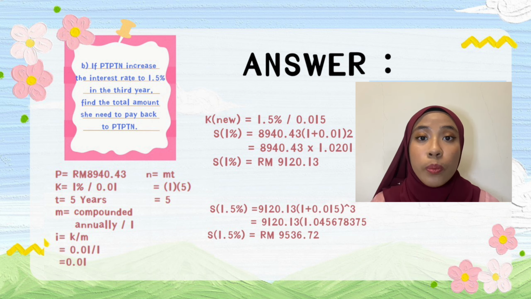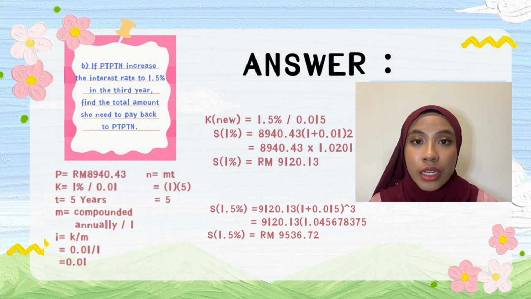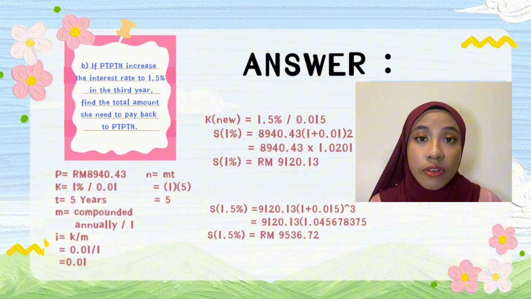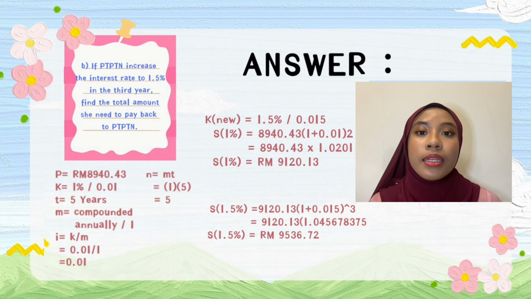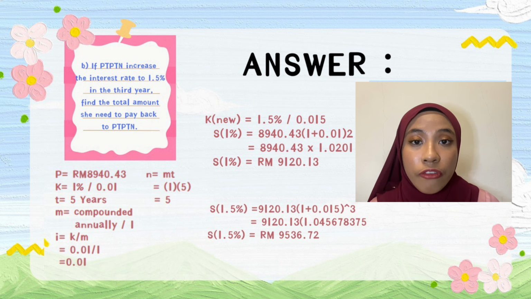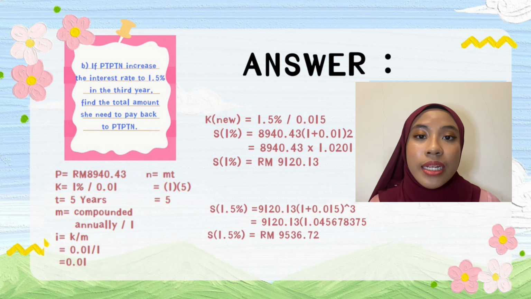But before we proceed to the calculation, in the third year, we have to calculate for 1 to 2 years before the interest rate change. To find the amount Cik Wan needs to pay back to the PTPTN, we use the formula S equals P(1 plus I) to the power of N. We have P, which is 8,940 ringgit and 43 cents.